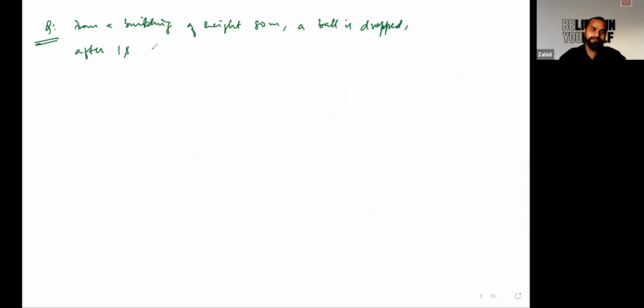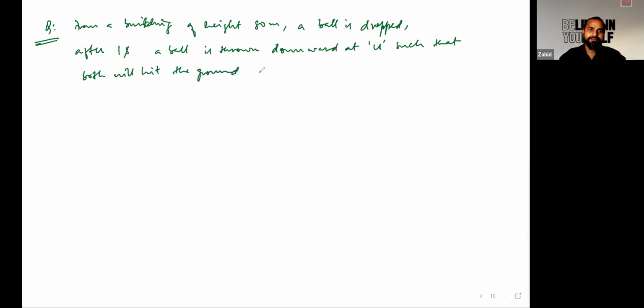After 1 second, a ball is thrown downward at u, such that both will hit the ground at same instant. Find u.